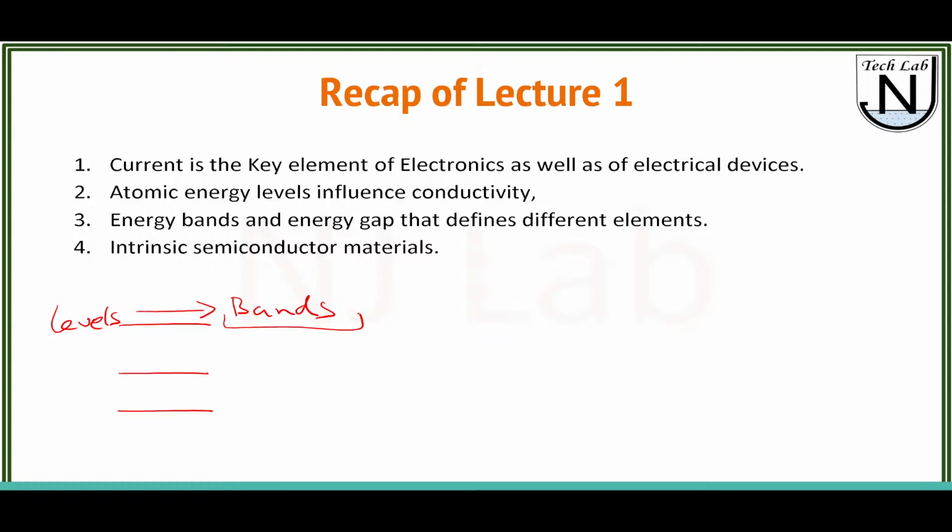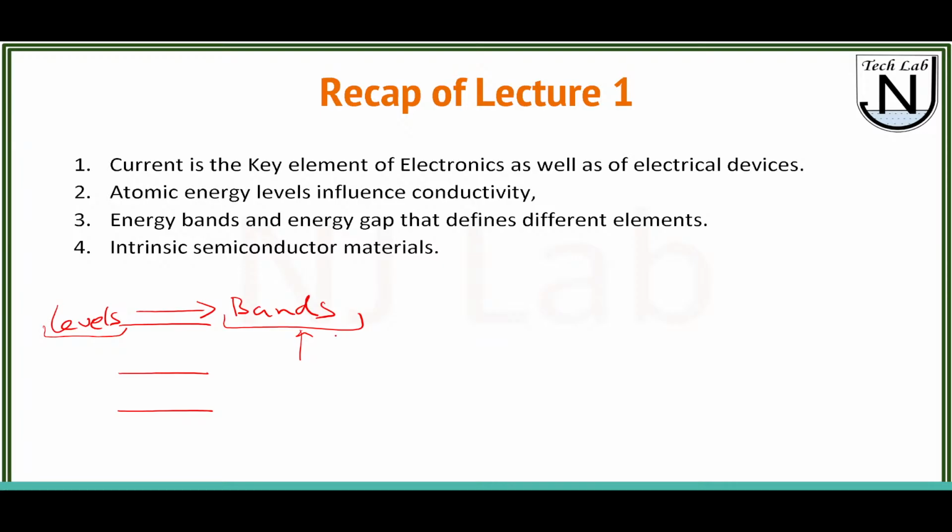Because the electrons present in the same shell start having different energy. Since they have different energy, instead of a single value they may have a range. The energy of the electrons in a particular shell may lie in some range, so we have the energy bands.